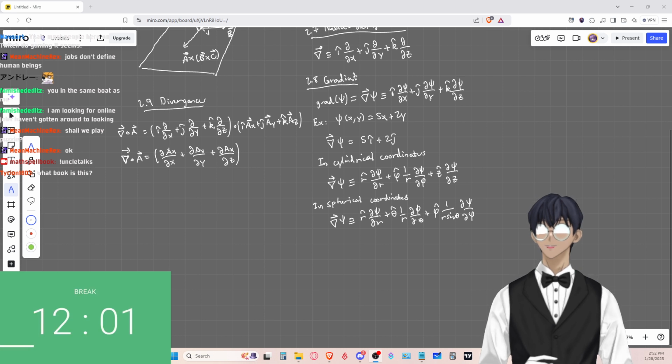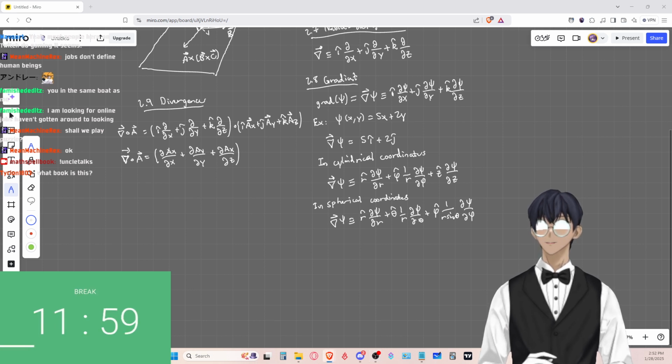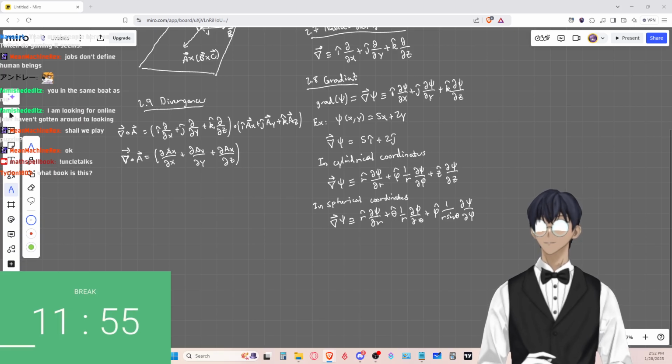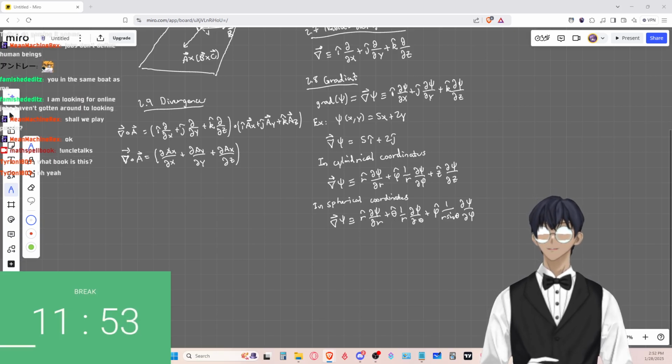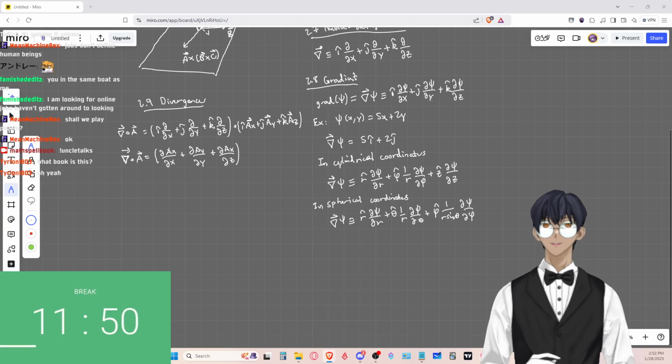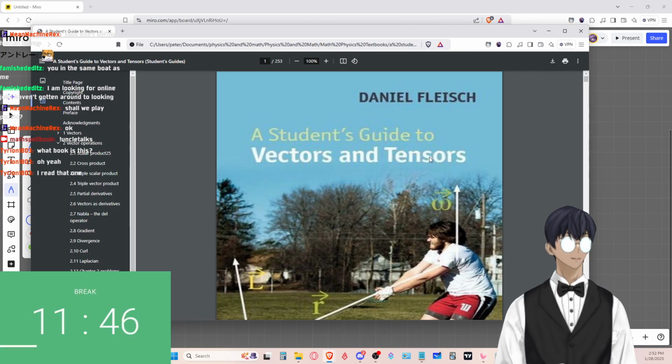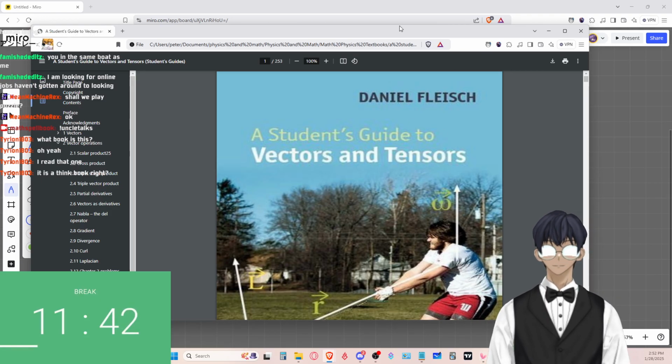I could probably produce a title page for you. Where is it? There it is. So this is the book we're working on. A student's guide to vectors and tensors.